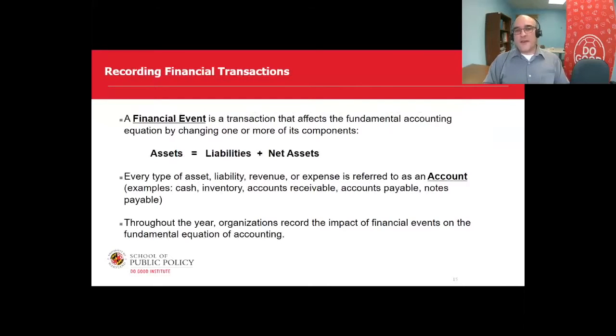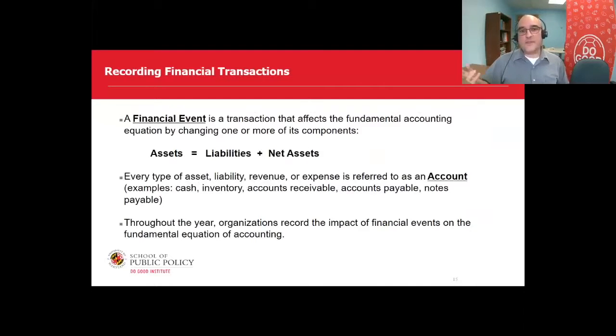So a balance sheet comes from a record that includes information about every financial transaction that an organization chooses to recognize as a financial event. A financial event is a transaction that affects the fundamental accounting equation by changing either assets, liabilities, and or net assets. Every single type of financial event that affects the fundamental equation of accounting is called an account.